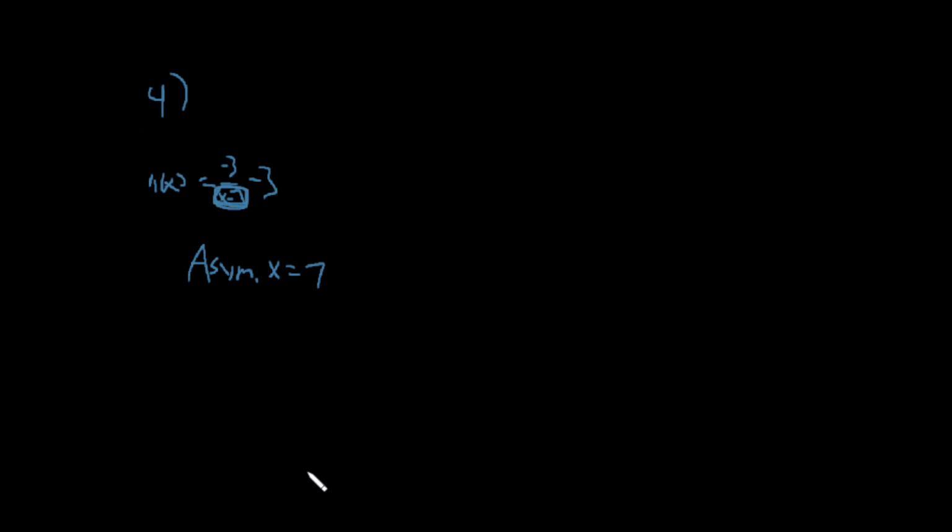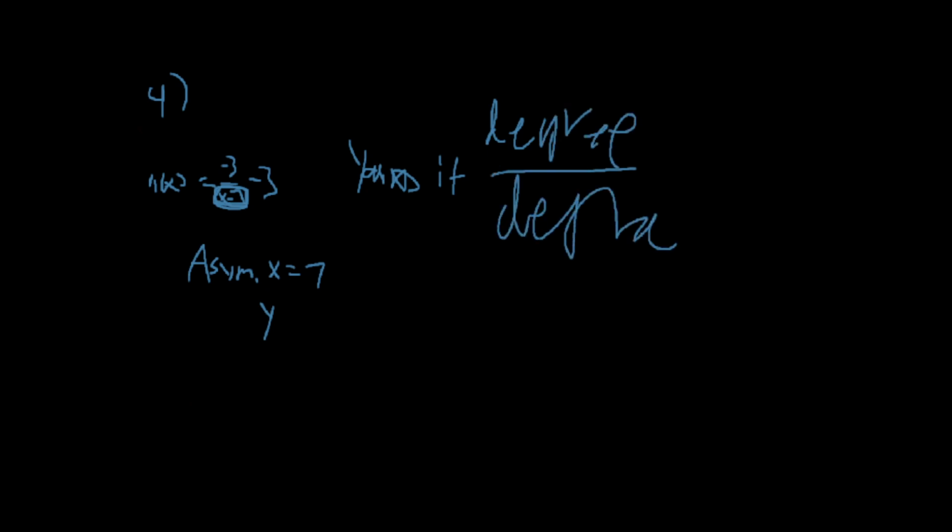And then to find the horizontal asymptote, because there is one: there will be a horizontal asymptote if the degree on the top is equal to the degree on the bottom.